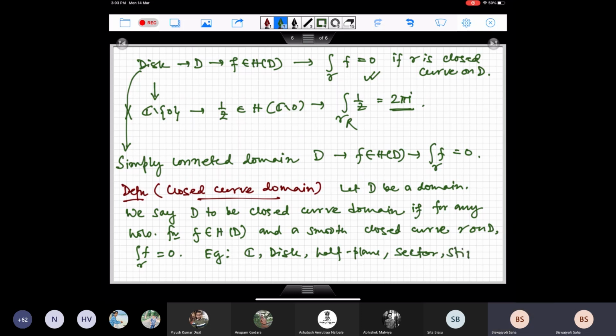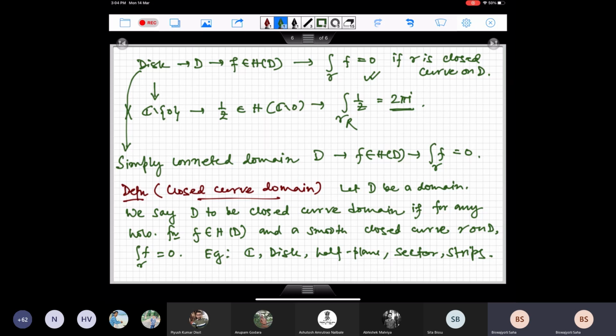If you take any strip, all these are closed curve domains. Let's not expand too much into this definition. All I am asking here is that if I have a holomorphic function, the integral should be equal to 0.